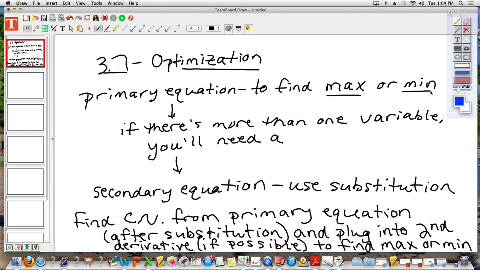So I want to say this, though. You can certainly do all of these problems with the second derivative if it's applicable. Sometimes finding the second derivative gets you just a number with no variable in it. Then it's not applicable. But I also want to mention that you don't have to do any of these problems with the second derivative. If you only find the first derivative, that will suffice. Remember when you found first derivatives, you would find out what's happening on the left side, what's happening on the right side, and if it's increasing on the left and then decreasing on the right, that meant that you had a maximum value.